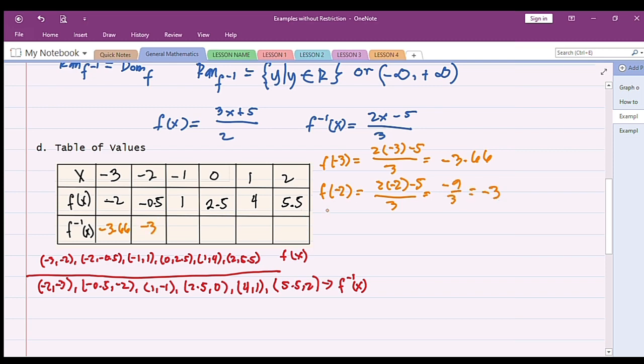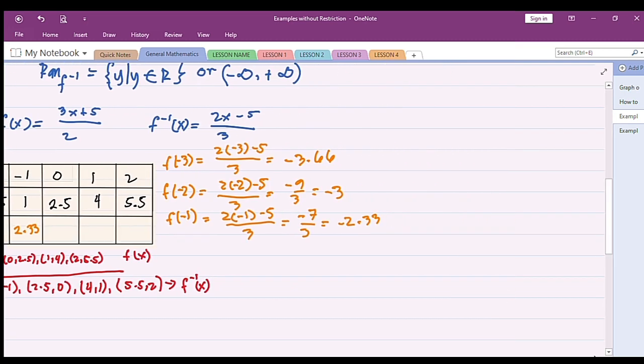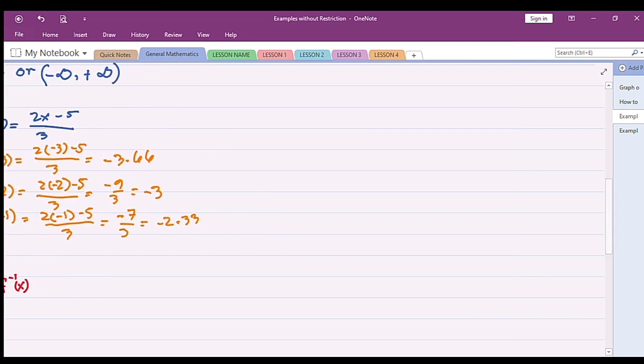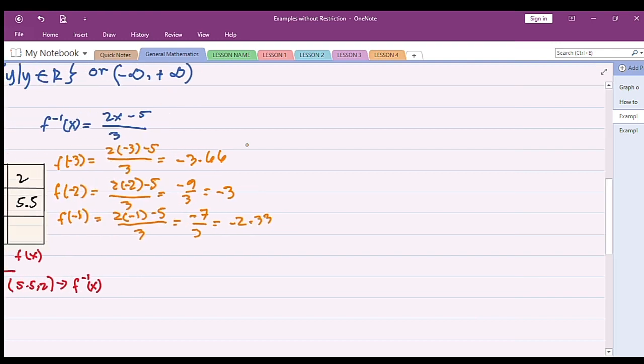And also f of negative 1, we have 2 times negative 1 minus 5 all over 3, is equals to negative 7 over 3, or it is equal to negative 2.33. And also we have f of 0.